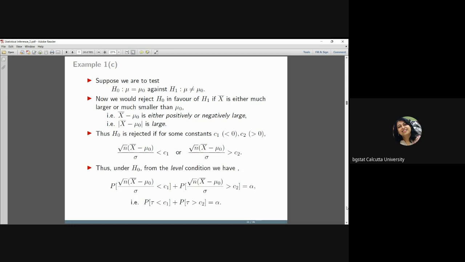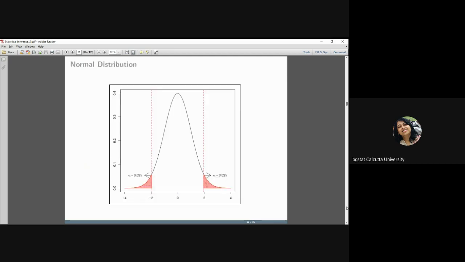The type 1 error is now the sum of both these two probabilities, assuming that the correct value of mu is mu naught, and we want the sum of these two probabilities now to be equal to alpha. So because of the symmetry of the distribution, it turns out that we should use a probability of alpha by 2 on either tail.